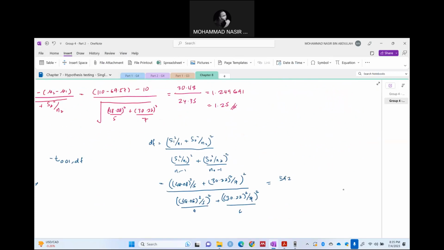This one is equal to 592.801 divided by... I forgot to square. So what is the value of the degrees of freedom?